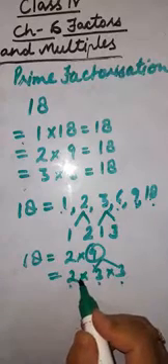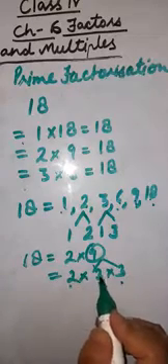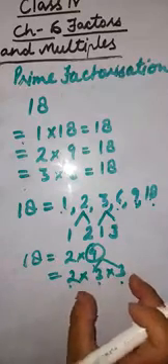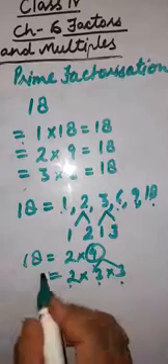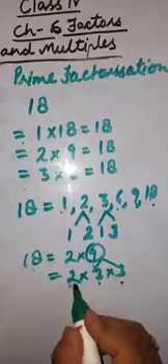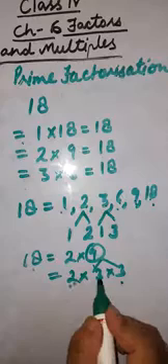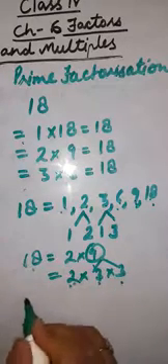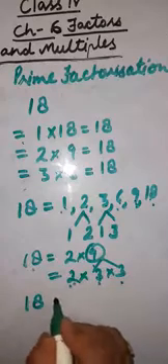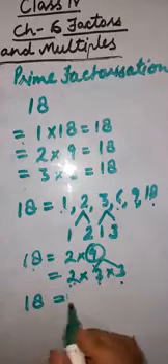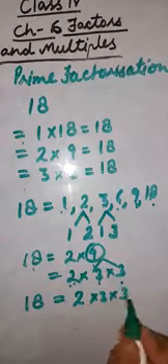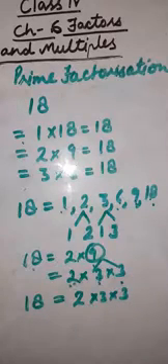Again we have written 2 multiplied by 3 multiplied by 3 because we have broken 9 into 2 parts. So all these are prime factors of 18, like 2 3s are 6, 6 3s are 18. Okay, so prime factorization of 18 is equal to 2 multiply 3 multiply 3, right?